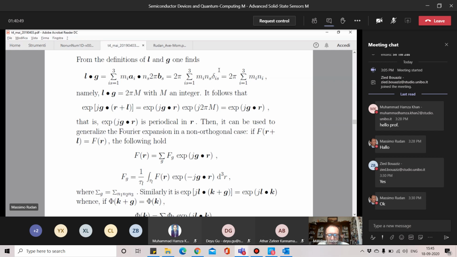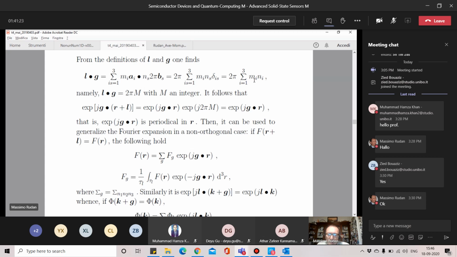And you remember the Kronecker delta is equal to 1 when the two indices are equal to each other and is equal to 0 otherwise. Okay, so all cases in which the two indices are different give a 0, so they do not contribute to the result. So eventually we have a simple sum instead of a double sum, with i going from 1 to 3 of mi ni.